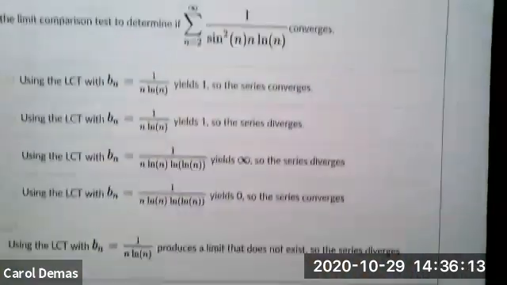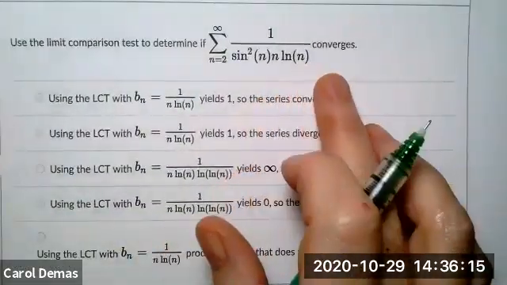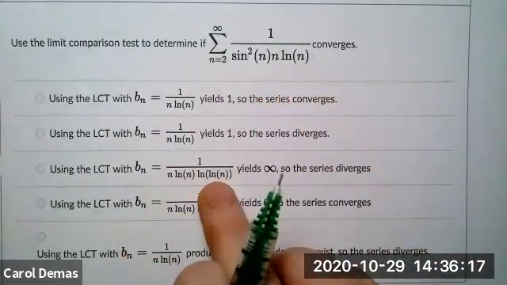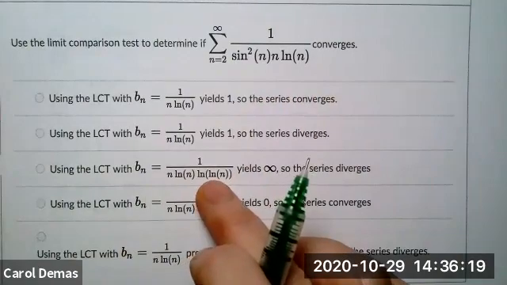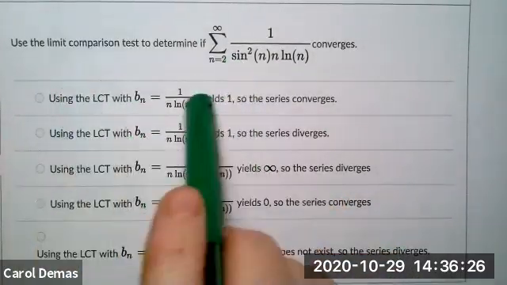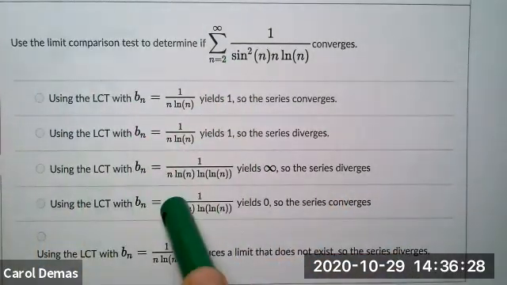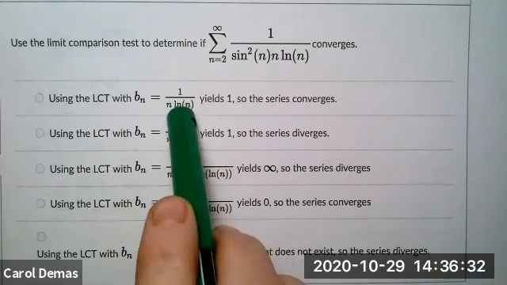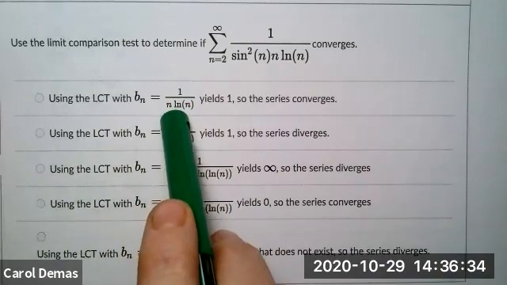Okay, how about this one? Limit comparison. I had a bunch of people asking me, why did he use this bn? That's not part of the question. All you have to do for this question is figure out which of these statements is true. Now what's going to happen if you use this bn?